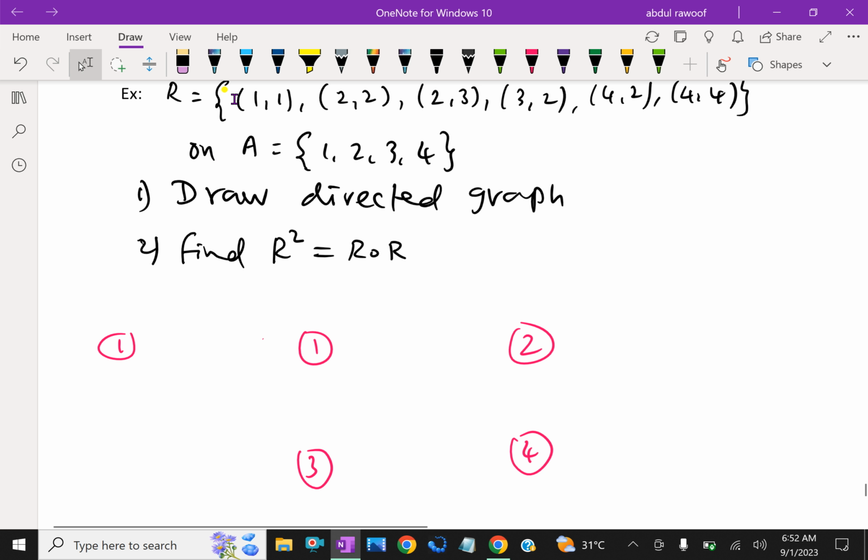Here, the first relation: 1 is related to 1. 2 is related to 2. 2 is related to 3. 3 is related to 2.